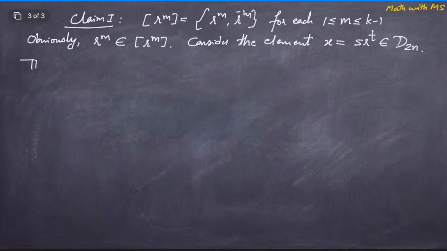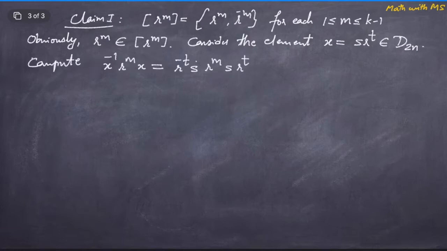Then x inverse R to the power m x is the same as R to the power minus t s R to the power m s R to the power t.